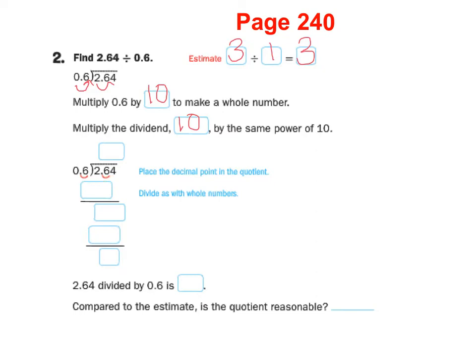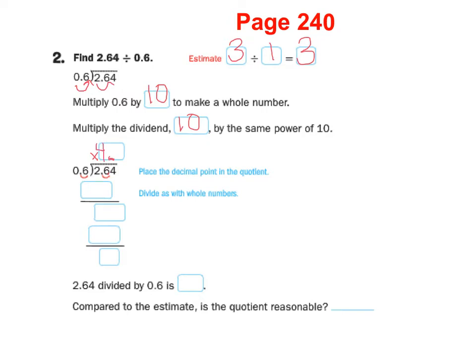Okay, so I'm going to go ahead right away. First thing I'm going to do is move my decimal place, which is now here, up here in the answer. Kind of tiny there for me to write. Now we do long division and we say, let's see, 2. Does 2 divide by 6? Nope. 26. Does 26 divide by 6? It does. 6 times 4 is 24.